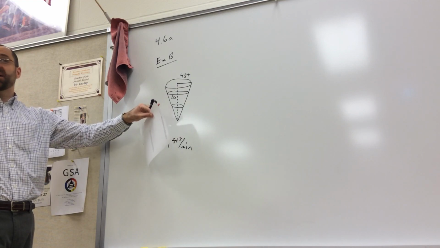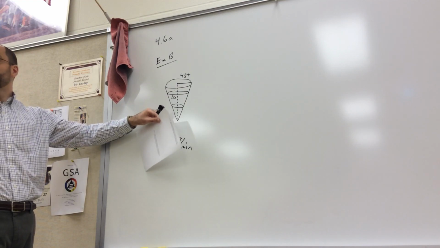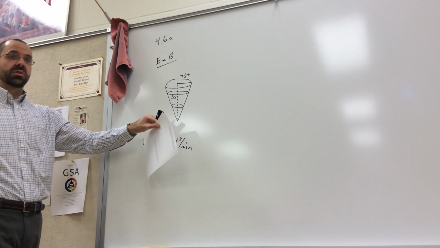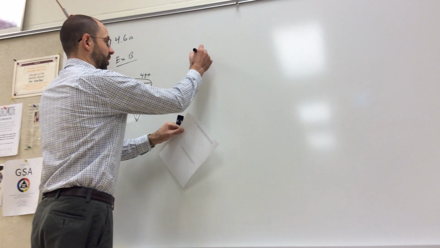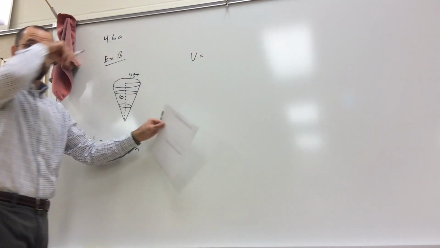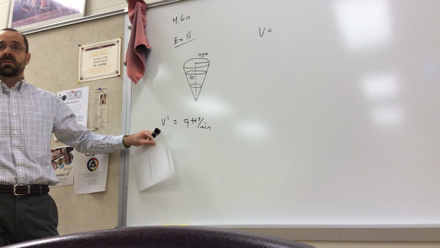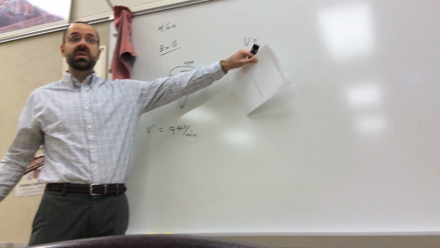So really what we care about is the volume of the water that's in the tank. So we need a formula for the volume of the water, because we already have how quickly the volume's changing. So we need what the volume is.